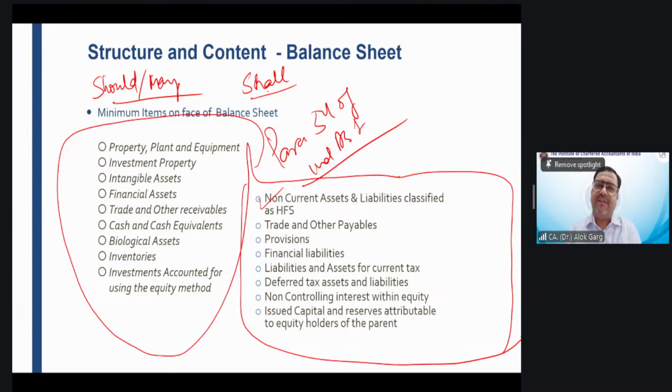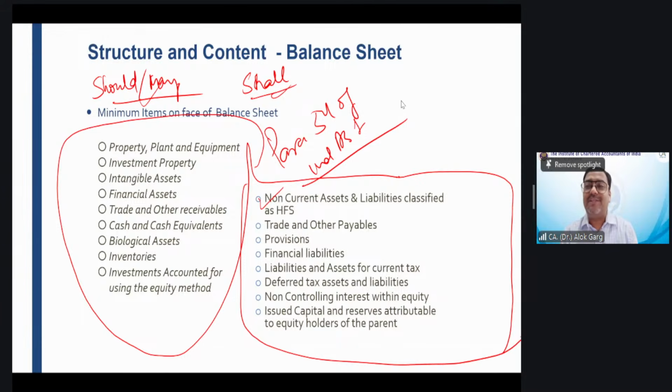What is the difference between these words? Should or may gives a connotation of optional. Shall gives a connotation of mandatory, right?